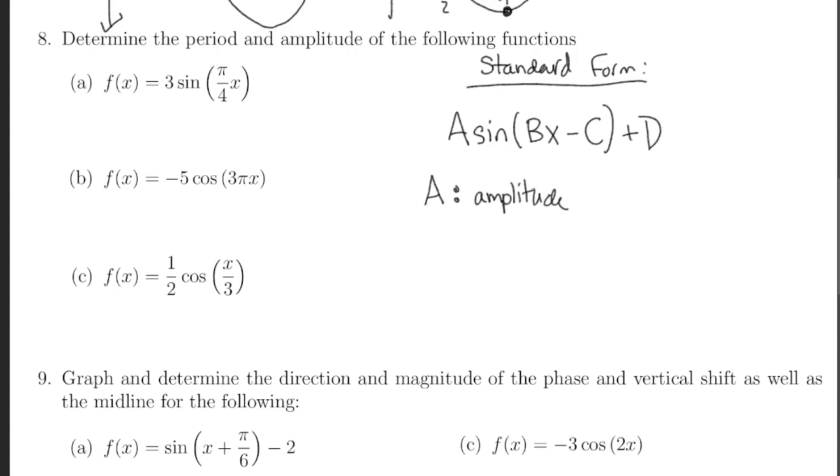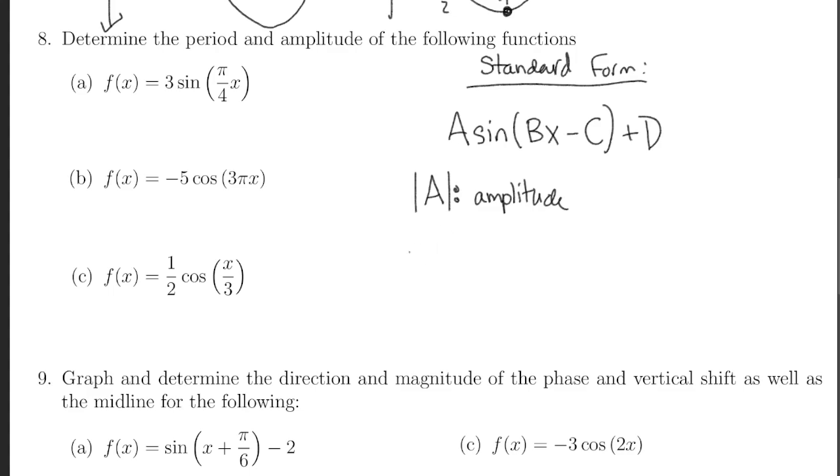Technically speaking, actually, I'd even say the absolute value of A is called the amplitude. Like, if A is 5, we'd say the amplitude is 5. If A is -5, we'd still say that the amplitude is 5. You don't really have to remember that absolute value thing. Just remember we always talk about the amplitude as a positive number. Amplitude represents the distance that the function goes from the middle of the function. We'll talk about that more in a second.